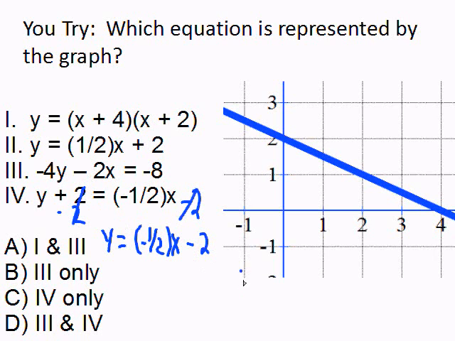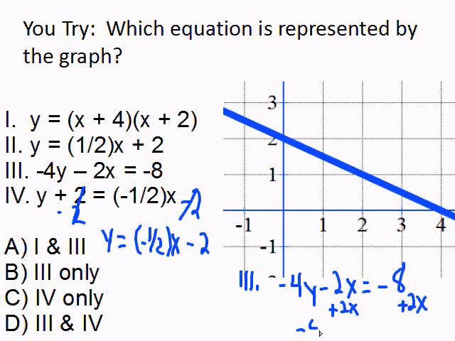And for number 3, when we get y by itself, we have -4y minus 2x equals -8. You add 2x to both sides, giving us -4y is equal to 2x minus 8.